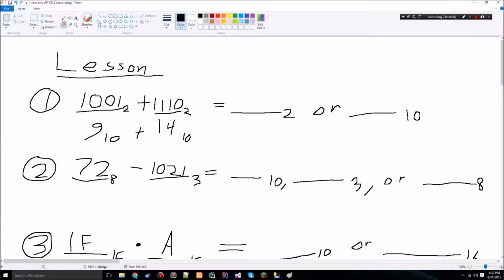Now that we have both of the numbers in base 10, we can do arithmetic like we usually do. So 9 plus 14 equals 23. 23 base 10. But we also want this number in binary.